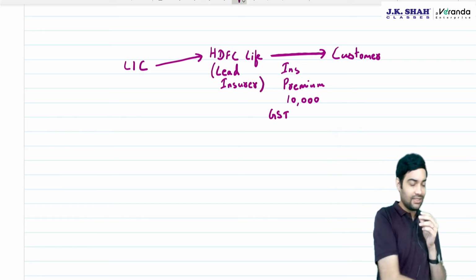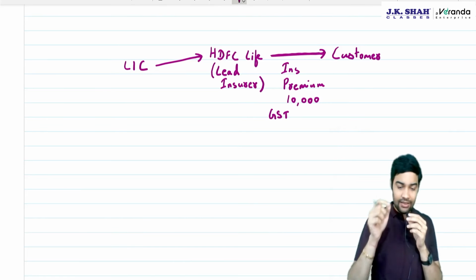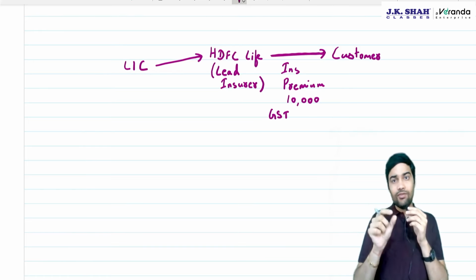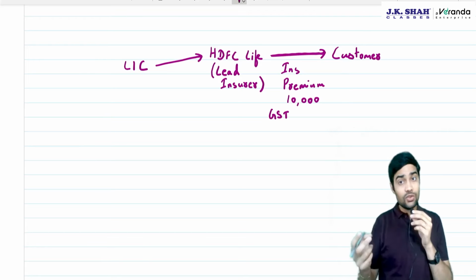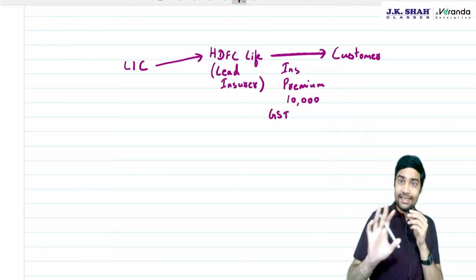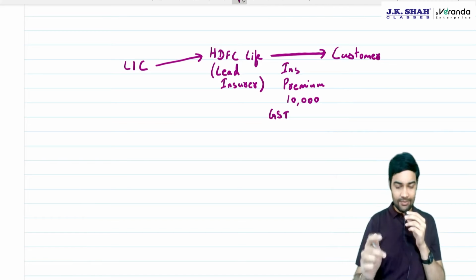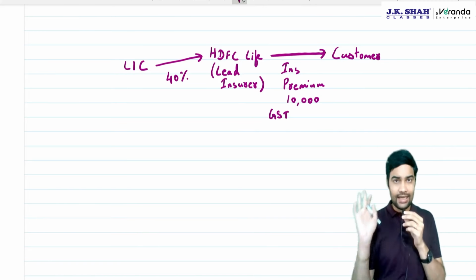The speciality of this agreement is it is predefined. Everything is predefined. You very well know what would be the share which will be given to LIC. Even before the issuance of policy to customer, it is very well defined between LIC and HDFC. So 40% of the premium will go to LIC.